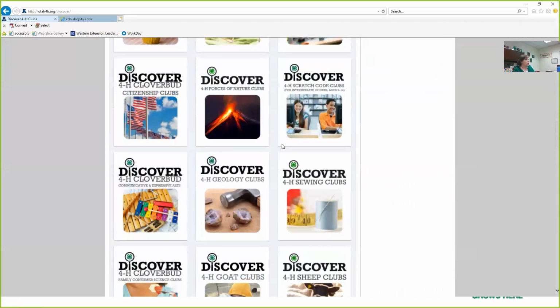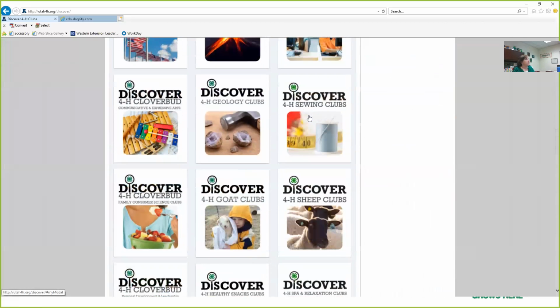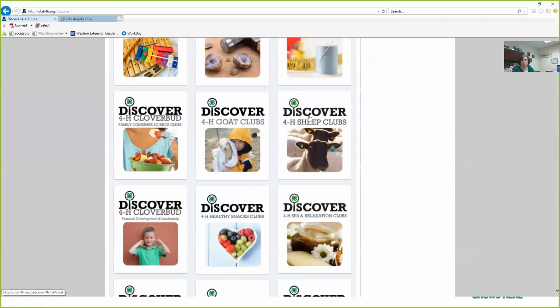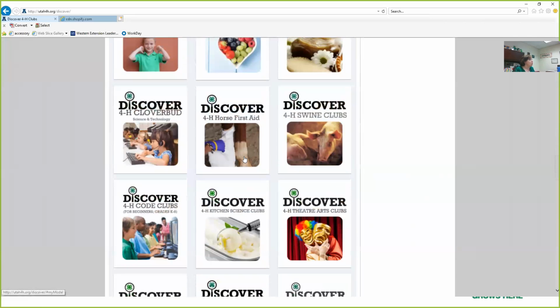Things from scratch code clubs to spa and relaxation clubs to healthy snacks. There's things specific for clover buds. There's horse first aid. These are designed for new 4-H volunteers. There's 6 lessons in every single one of them. They could also be used to supplement what you're currently doing. These are good day camps, those types of things. So I wanted to share that one.